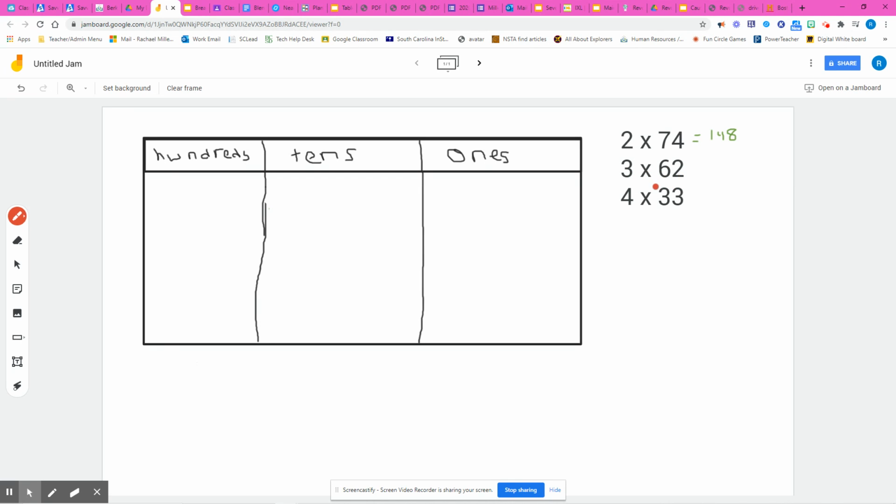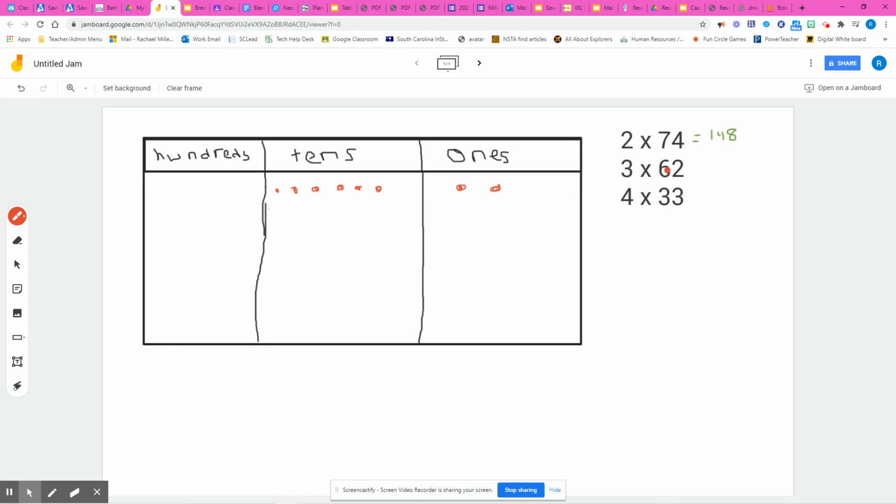First step, we take our 2 digit and we write it out in our place value chart. So in the number 62, I have 6 tens and 2 ones. So I'm going to draw my 2 ones and my 6 tens. 1, 2, 3, 4, 5, 6. Okay, so that's the first step. I have my 6 tens and my 2 ones.